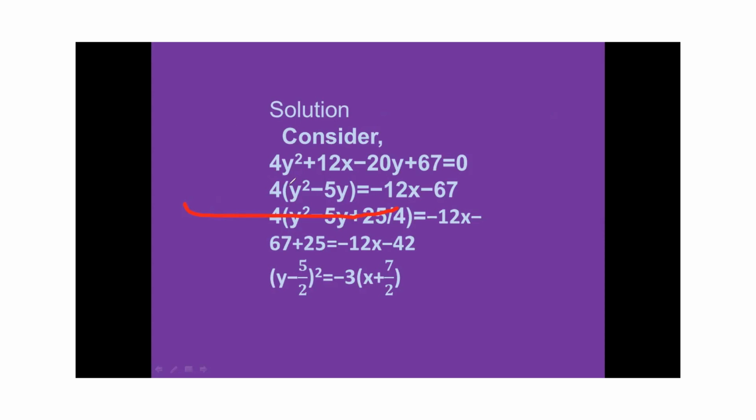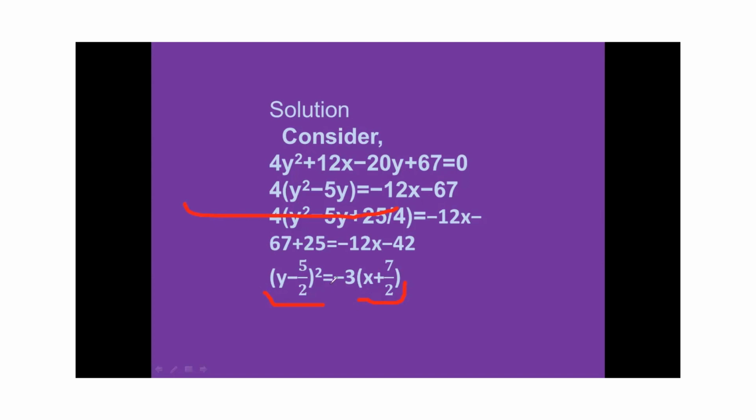Using the perfect square, the equation of this parabola can be written as (y minus 5 over 2) square equals minus 3 into (x plus 7 over 2).